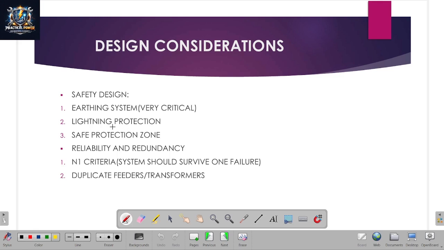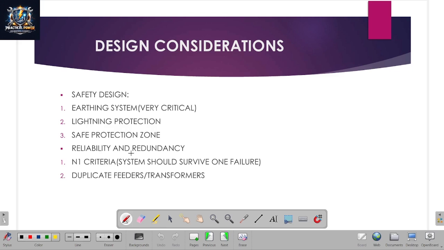Then lightning protection: during lightning, how the surge voltage will be readily absorbed by the earth, by the earthing system. There is a safe protection zone.